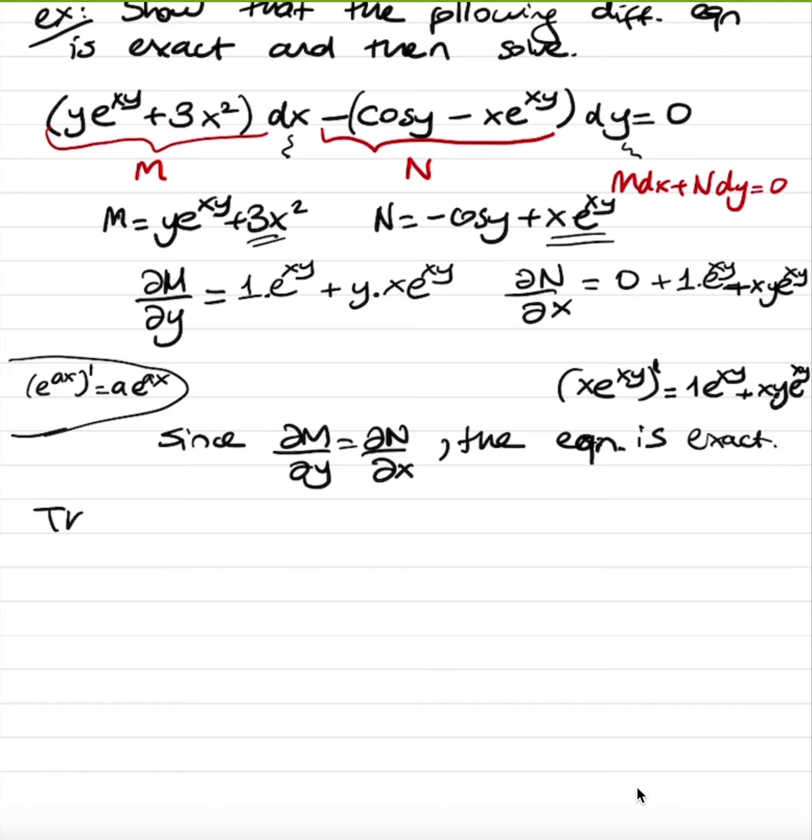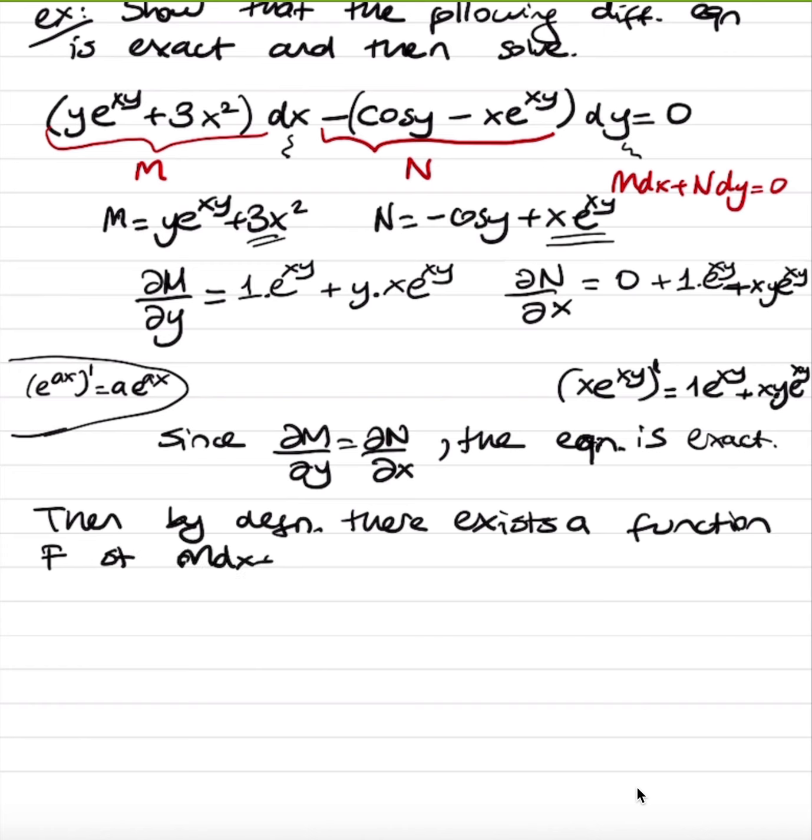Then by definition there exists a function f such that M dx plus N dy is equal to del f over del x dx plus del f over del y dy is equal to 0.